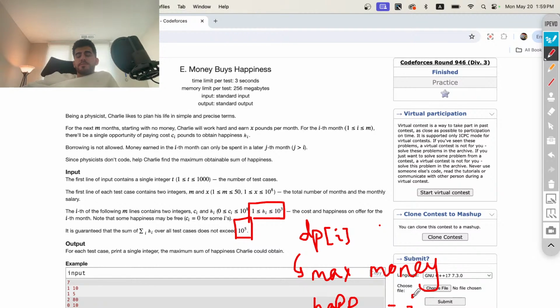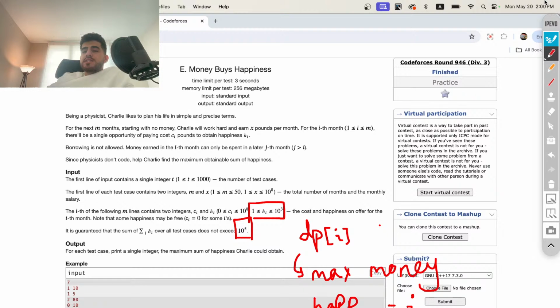Okay, so dp[i] is the maximum money that I can have if my happiness is equal to i. And if there is no way that my happiness is equal to i, I set dp[i] equal to minus infinity. I set it to a large negative number so that I make sure it is less than 0, and it means that it is just not possible. Okay.